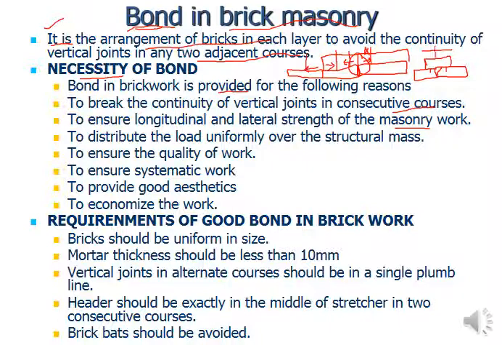If the load is coming on that particular brick, that load is going to be divided equally. Let's suppose a load P is applied on that brick during load transfer through the wall. So P by 2 will come on this brick, and the same P by 2 on the other side.